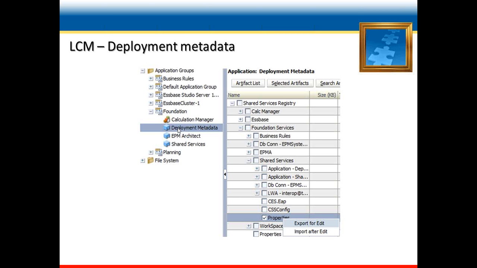If we have to change some properties, we can just export, as you can see in the screenshot, the properties of the Shared Services, export for edit, and we can do the edit we want in the particular properties file, and we can just import it on the same server.